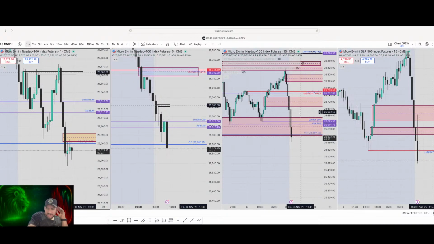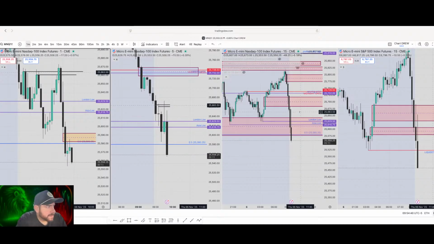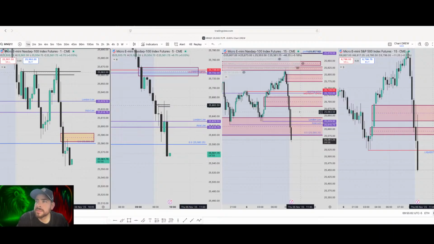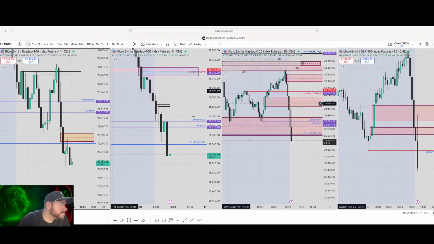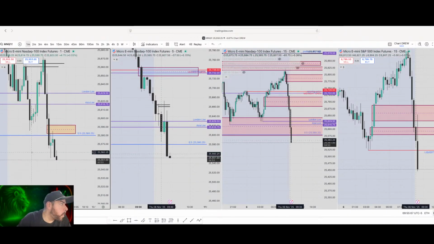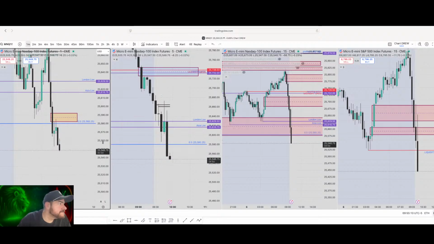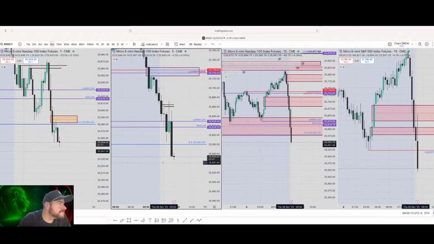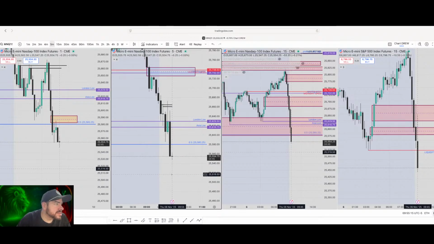I just like to see a retracement. That's all. Let's see here.